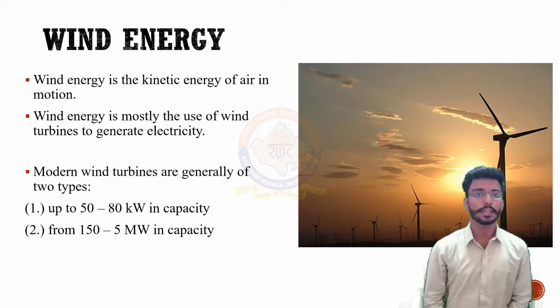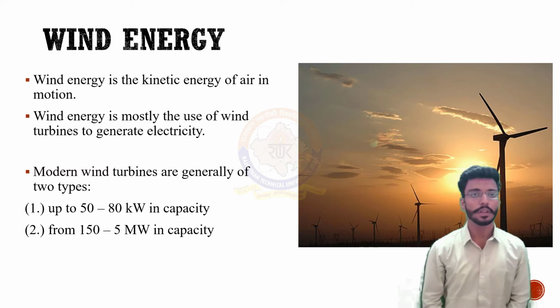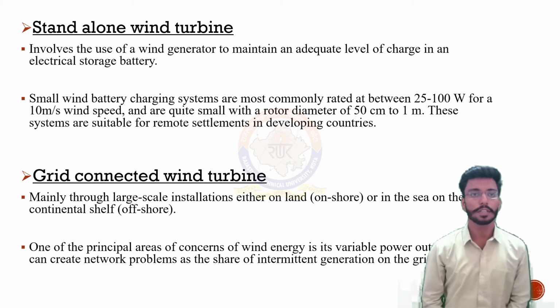Wind first hits a turbine's blade, causing it to rotate and turn the turbine connected to it. Wind energy systems are further classified as stand-alone electricity generating systems and grid-connected electricity generating systems.